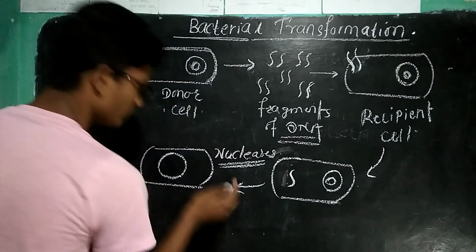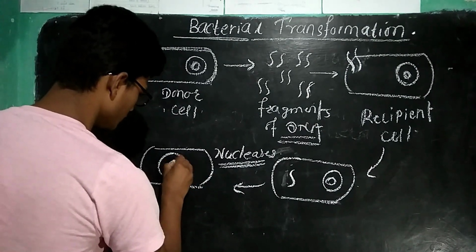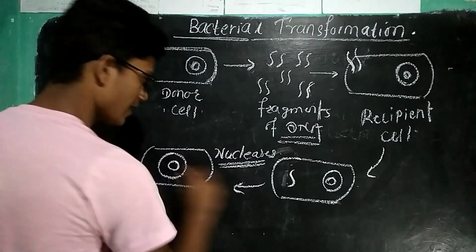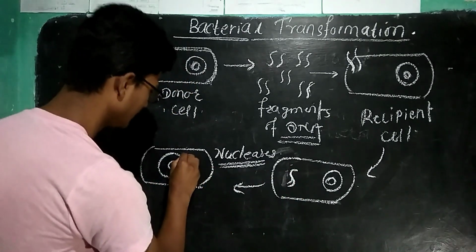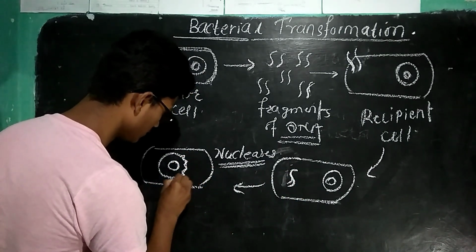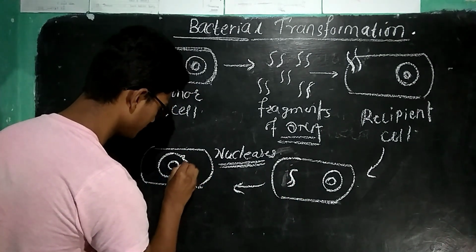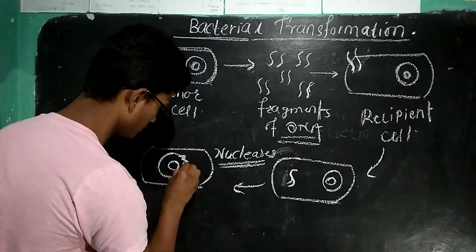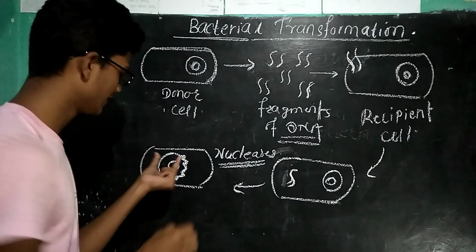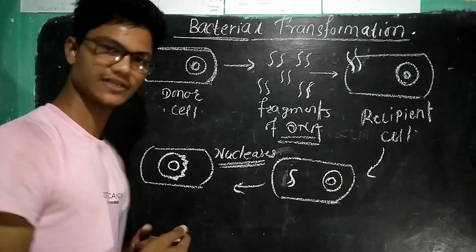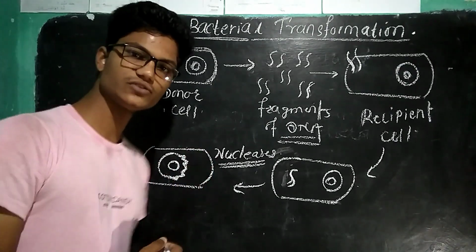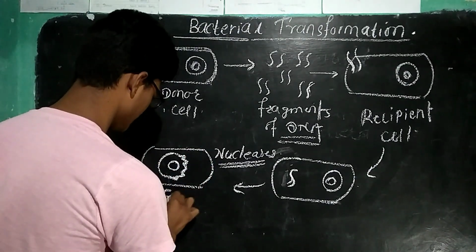This is the DNA of the recipient cell, and this fragment binds in this fashion. This is the donor DNA and this is the whole recipient cell DNA. And this new cell is known as the transformed cell.